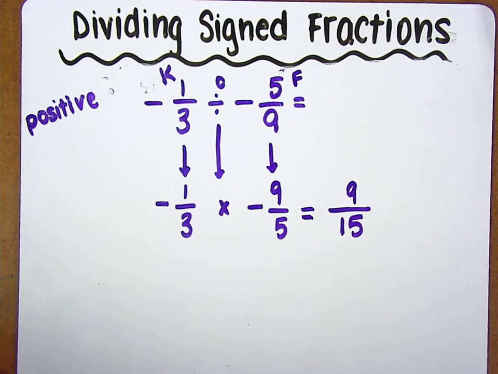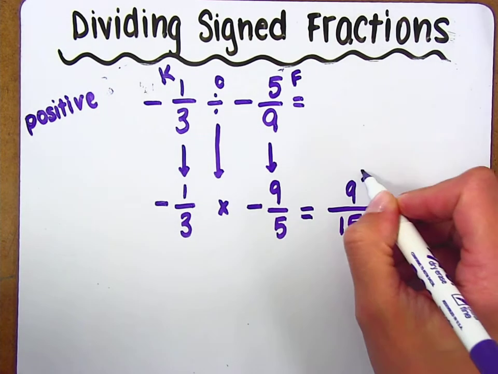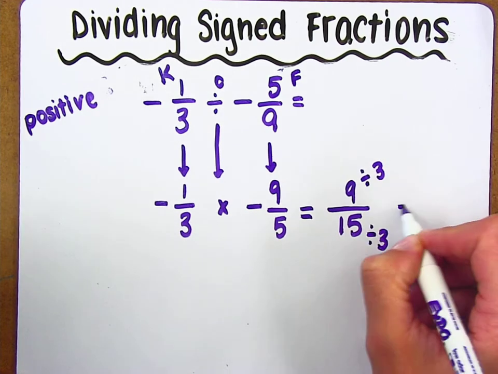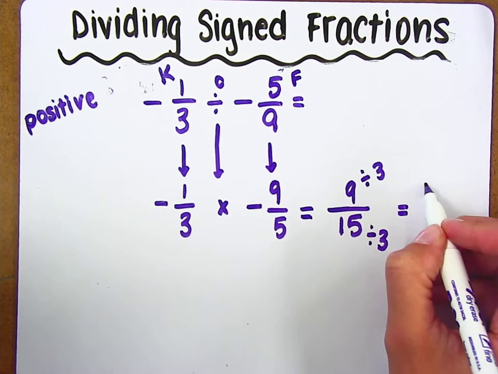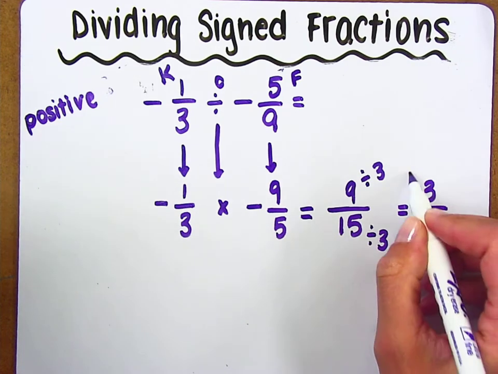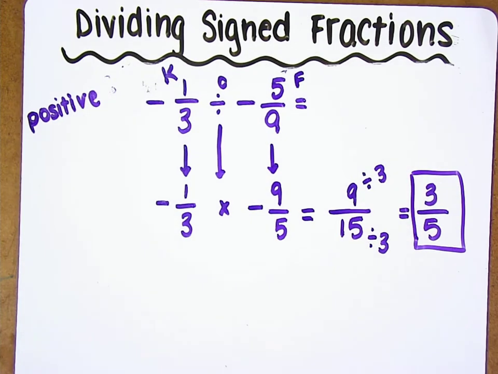So I'm going to think to myself, is there a number that I can divide both 9 and 15 by? And the answer is yes, I can divide them both by 3. 9 divided by 3 is 3, and 15 divided by 3 is 5. So negative 1/3 divided by negative 5/9 is positive 3/5.